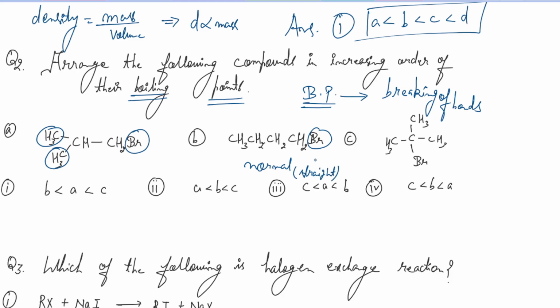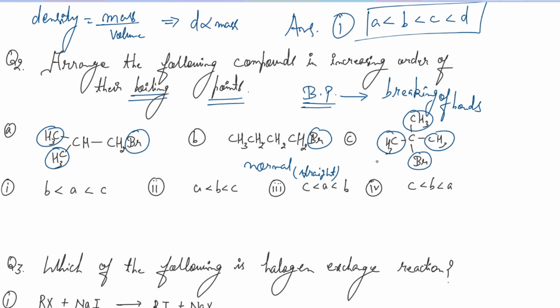In option C, you can see how all these methyl groups are branched. So easily you can see that in the case of C, we have more branching. More branching means you will get the boiling point easily, because these groups will easily dissociate, or you can say these bonds will easily break.